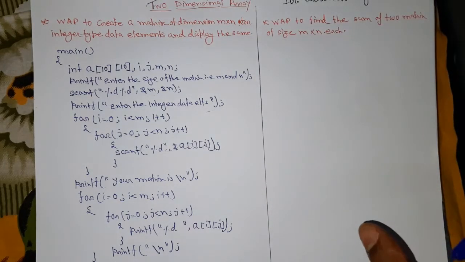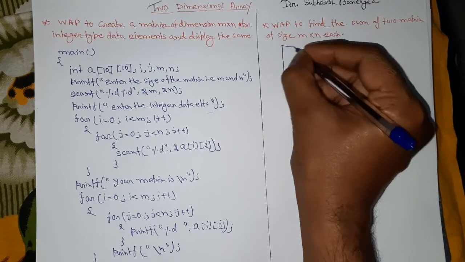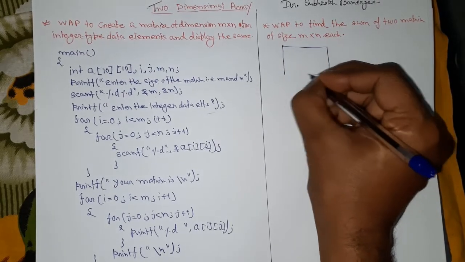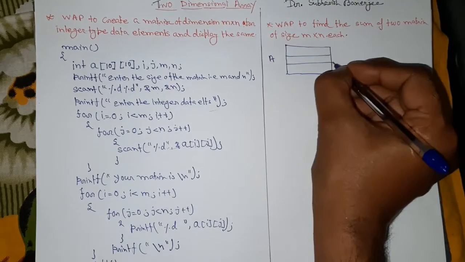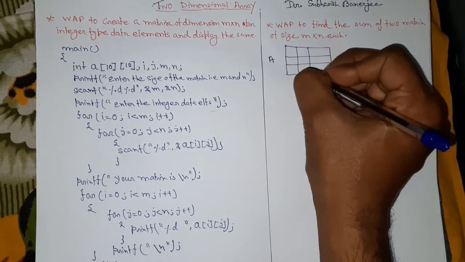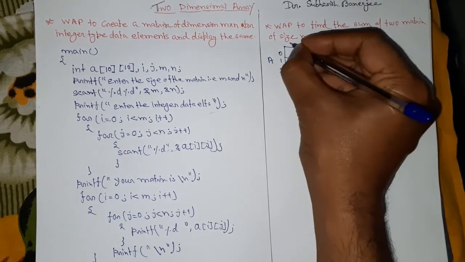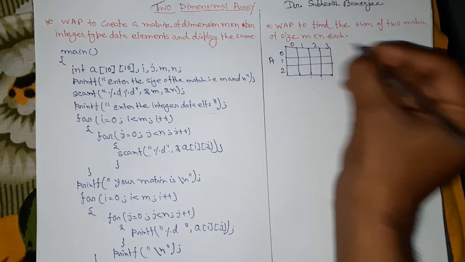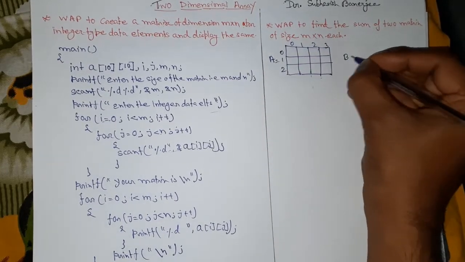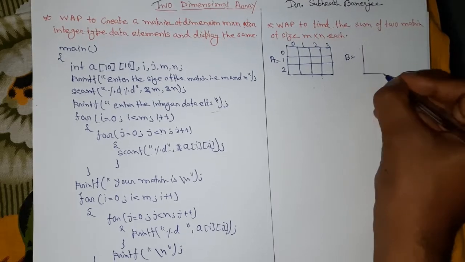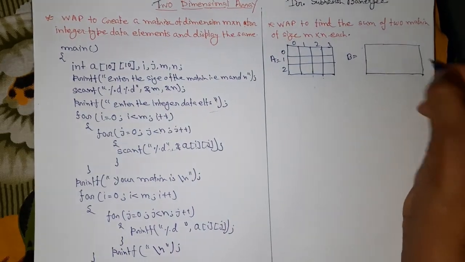be the same size. So let's have a matrix A, which consists of, suppose, 3 rows, and let's have 4 columns. Similarly, let's have another matrix B, which should also be the same size, because this is the primary condition to find the matrix addition.